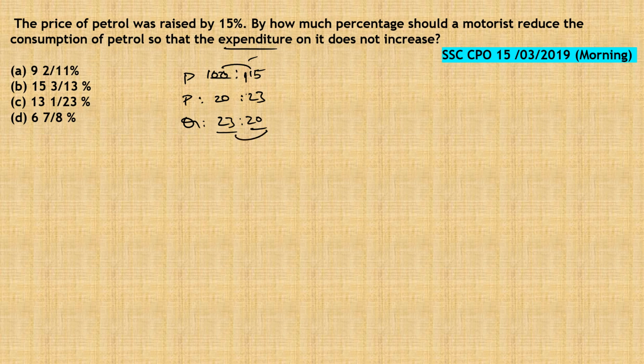That is 3 reduced upon 23 into 100, that equals 300 by 23. 23 ones are 23, 23 threes are 69, and the remainder is 1 upon 23, that is 13 1/23. That is the answer, option number C. So simple.